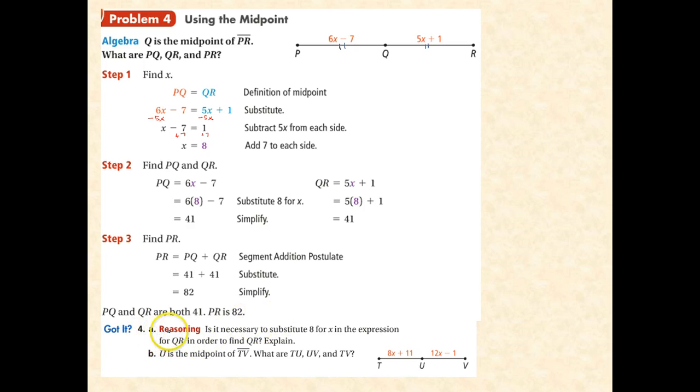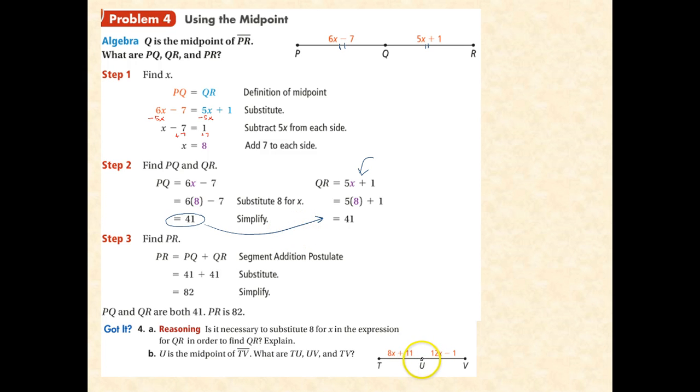So for A, is it necessary to substitute the 8 in for x in the expression for QR in order to find the length of QR? And the answer is really no, because once we find PQ, the definition of a midpoint tells us that PQ is the same as QR. So we can just go from here straight to there.